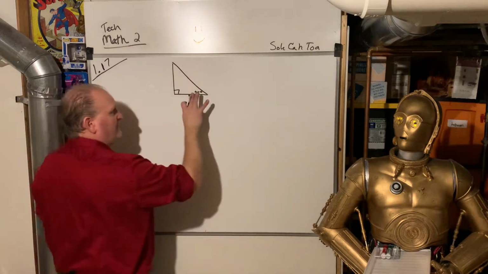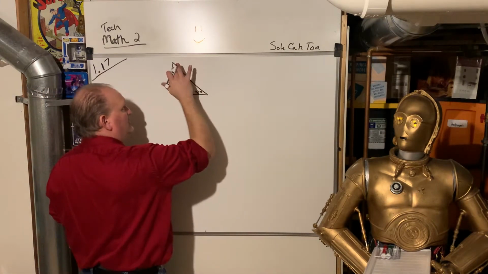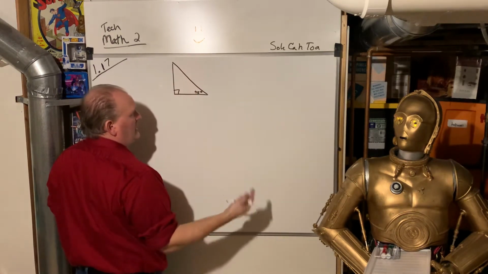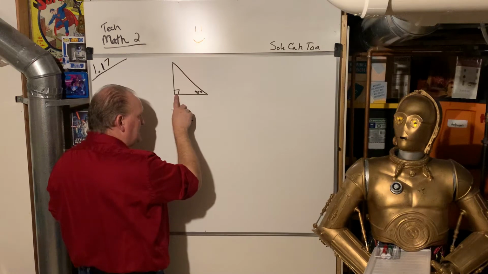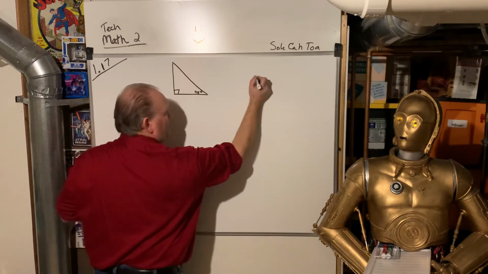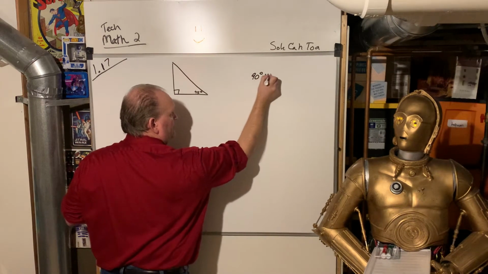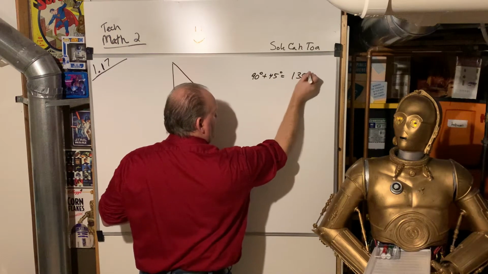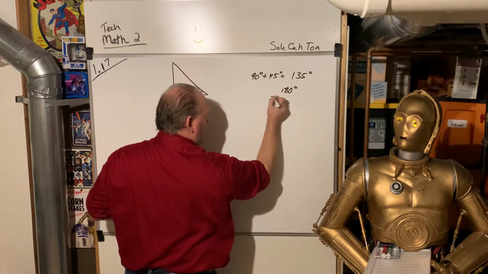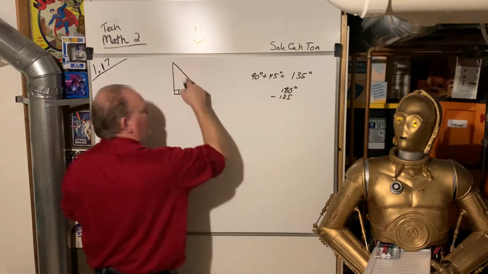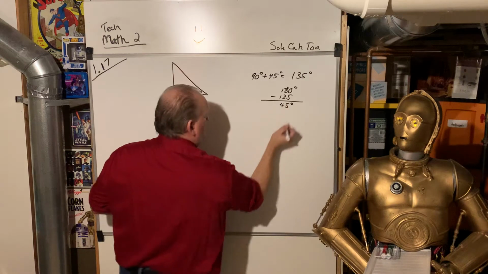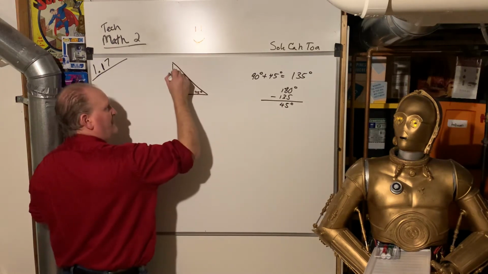If that's 45 degrees, then this also has to be 45 because interior angles of any triangle have to add up to 180. If this is 90, 90 plus 45 is 135, and then 180 minus 135, because they always have to add up to 180, is 45. So we have a 45, 45, 90.